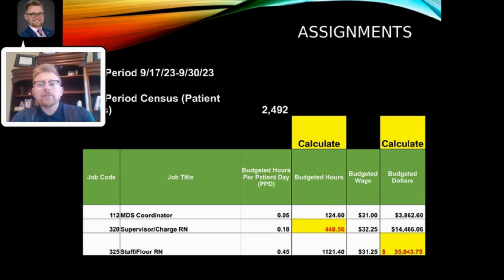If it comes in under or over budget, you need to look at it individually, meaning look at each job code individually, look at each job code variance, budget versus actual, both in hours and dollars, and try to determine why. Why were we over or under?